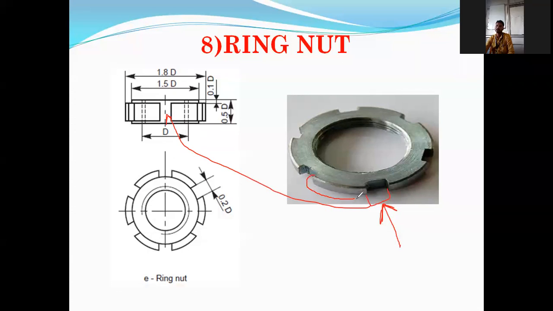This one will look like this, and here this particular slot will look like this. Just see how it is. And top view, there is nothing. Once you see from the top, this one is the top view, something like that.